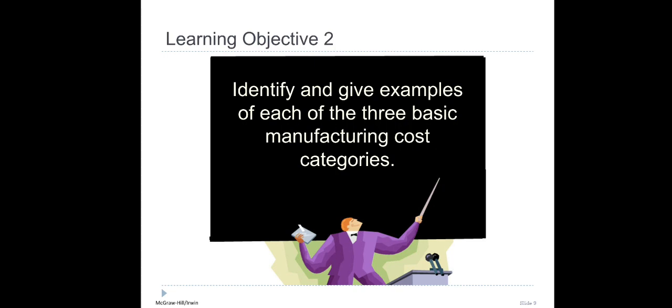One of the first things that you have learned in this topic is the definition of management accounting. Management accounting is a branch of accounting that can be used to help managers to make business decisions.